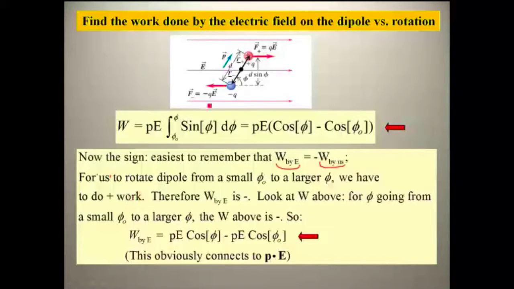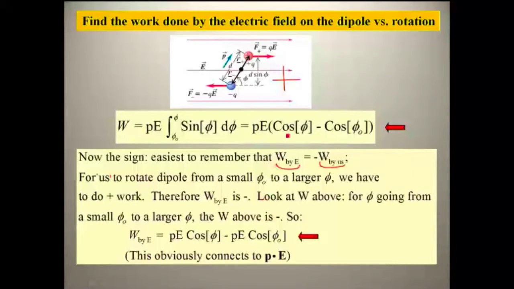And that goes back to what I was saying before in terms of the torque. So in other words, if you started here and you went here, you would do positive work to get that dipole to align. If we look at the above equation, for phi going from a small phi 0 to a large phi, the work that's given here is minus.